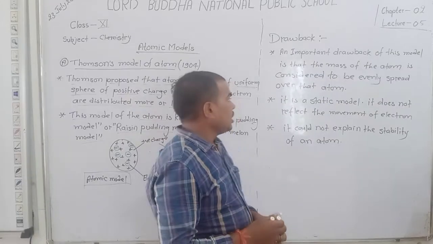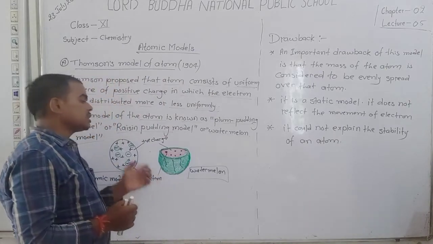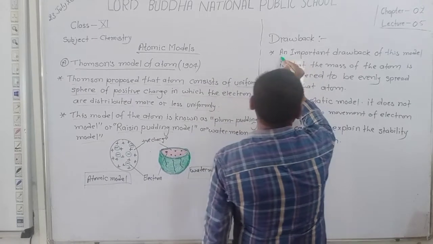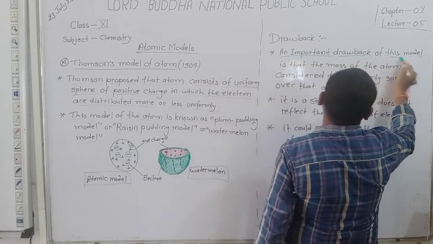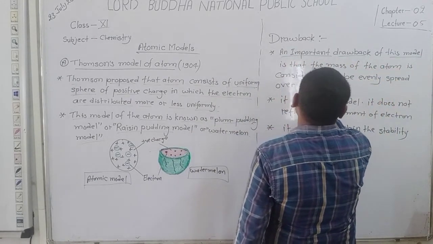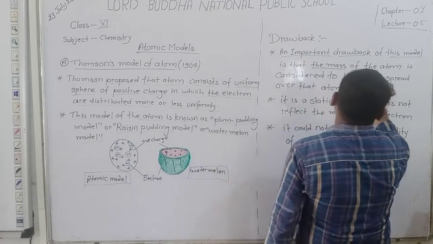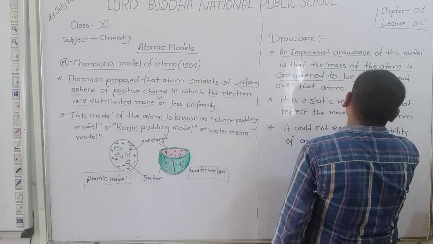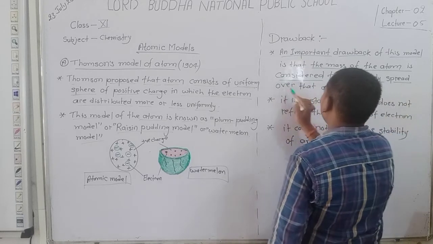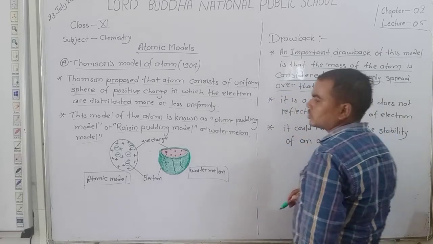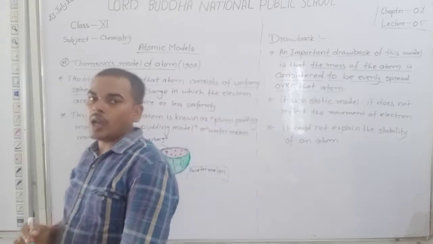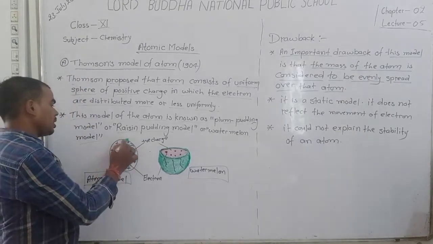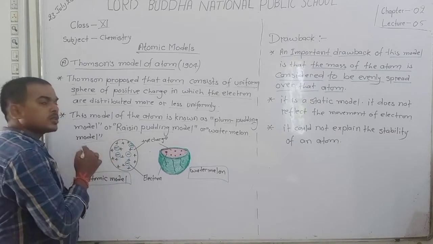Dear student, here are some drawbacks of this model. An important drawback of this model is that the mass of the atom is considered to be evenly spread over the atom. Dear student, Thomson's atomic model says positive charge is uniformly distributed over the atom.